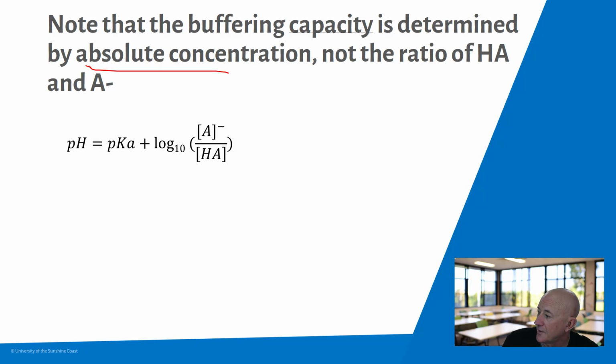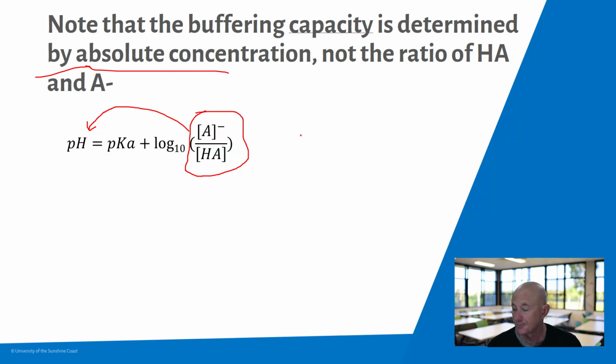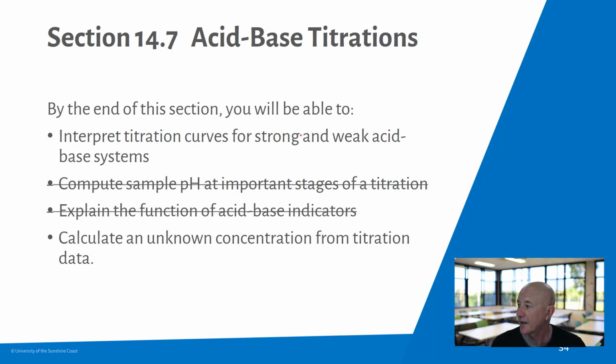The relative concentrations of your acid and conjugate base are what determine the pH. The amount to which a buffer will significantly do its job is dependent on the absolute concentrations of these guys, not the relative amounts. So just be aware of that. Okay, that's it for that section on buffers.